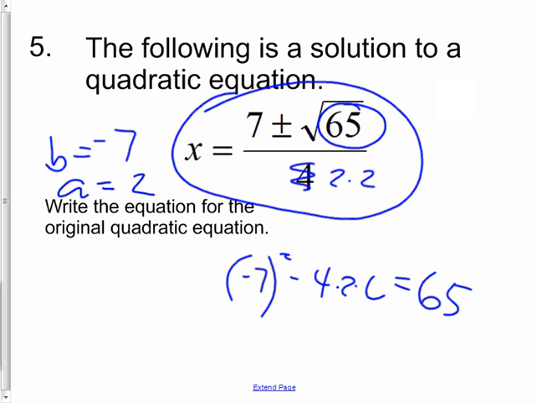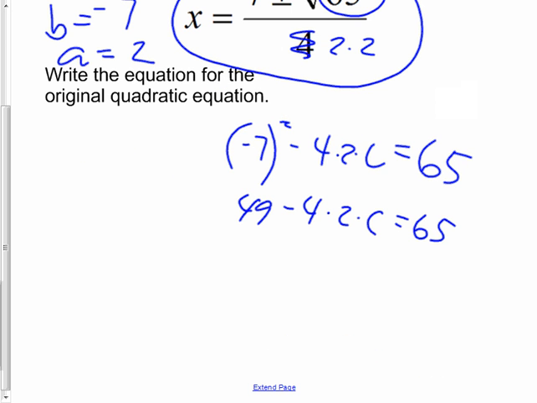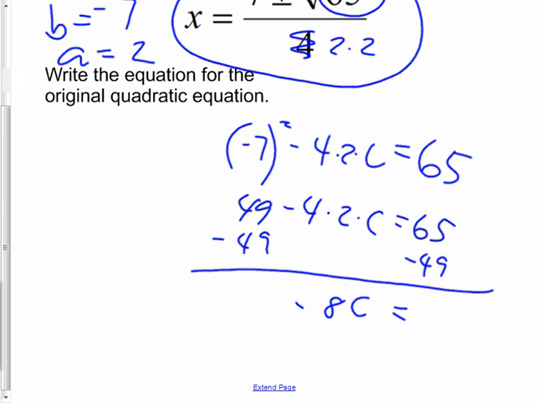So it's 49 minus 4 times 2 times C equals 65. And then I'm going to subtract 49 from both sides. -8C equals positive 16. Well, I'm getting close.